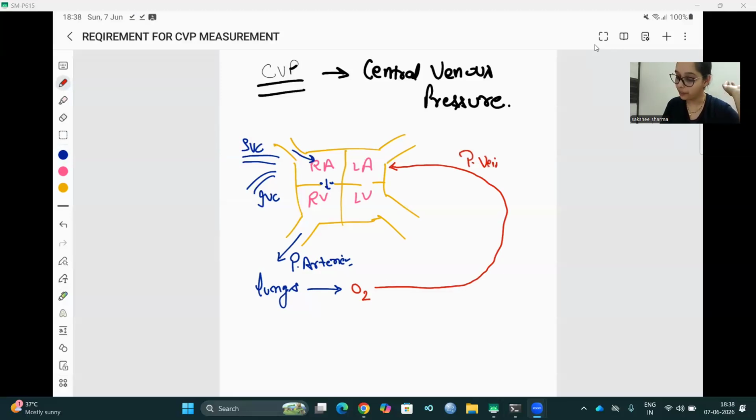From the left atrium, the blood goes to the left ventricle.